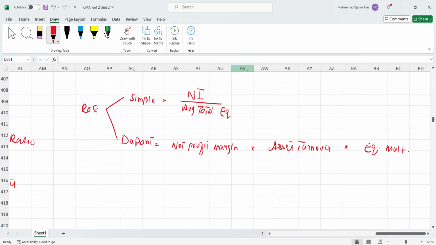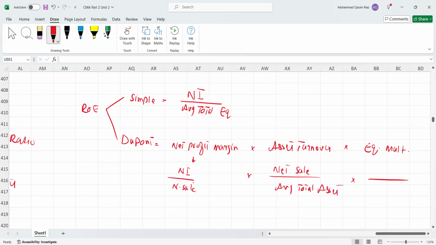So net profit margin, you know how to find it if it is not given: net income divided by net sales. And asset turnover ratio is net sales divided by average total assets.